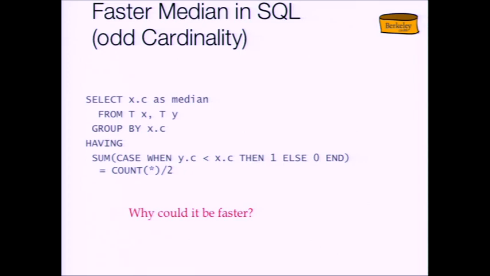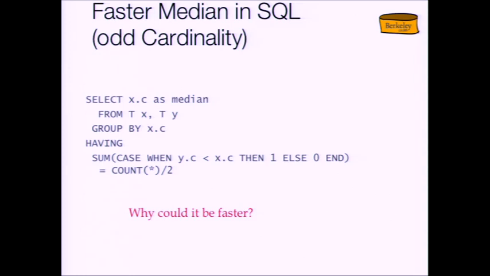So you take one of them, you group by it, and then for each group, you want the one where the count of the number of things that are bigger than this value of C is equal to half the number of records in T. Okay? I think I screwed that one up too. But you get the idea. Might be off by one.